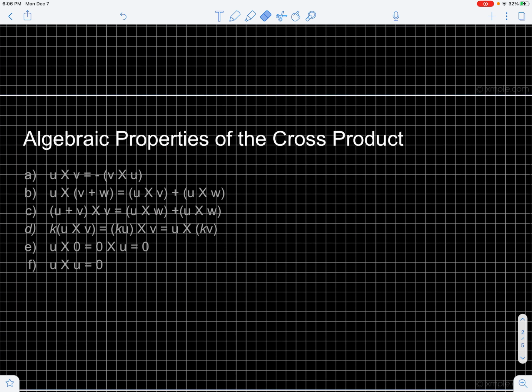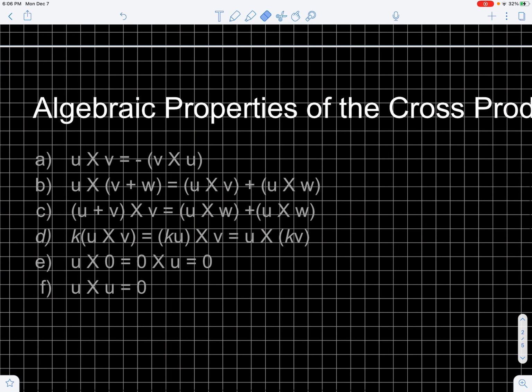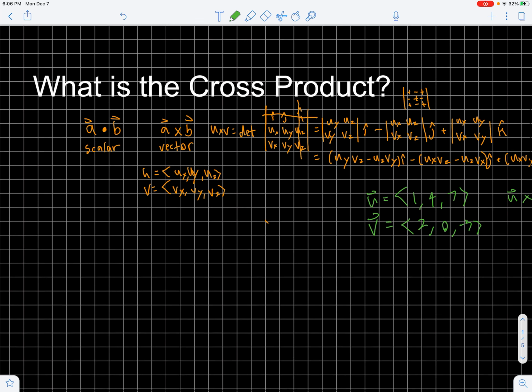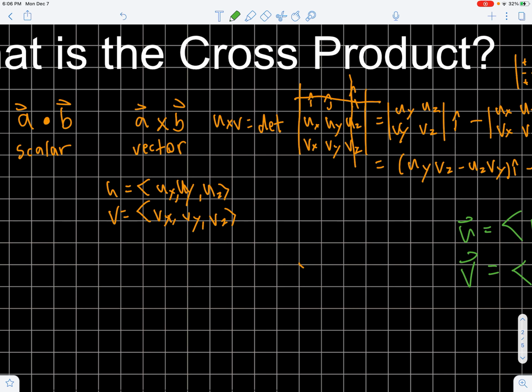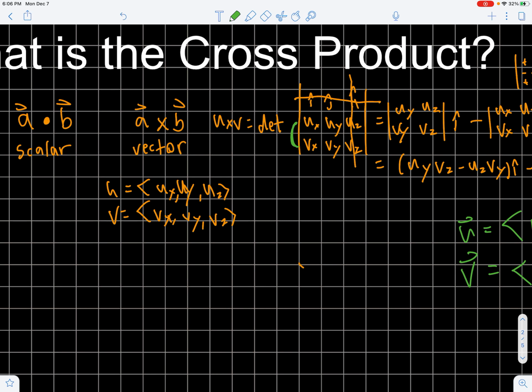Some properties of the cross product. U cross v equals negative v cross u, meaning they have the same length, they're just in different directions. You may have talked about this in Algebra 2: in a determinant, when you flip the rows, you get the same number except with the opposite sign.